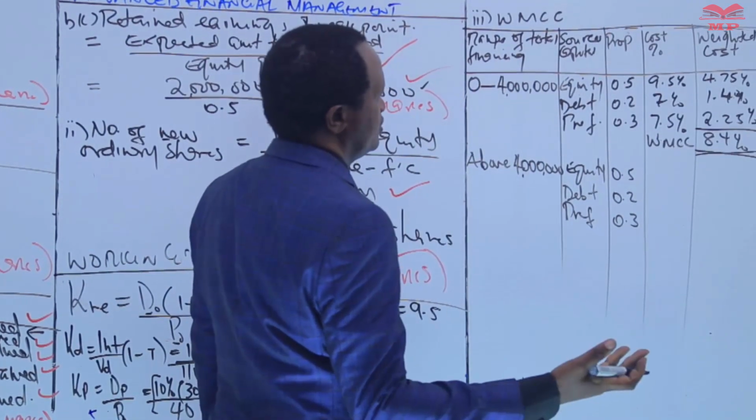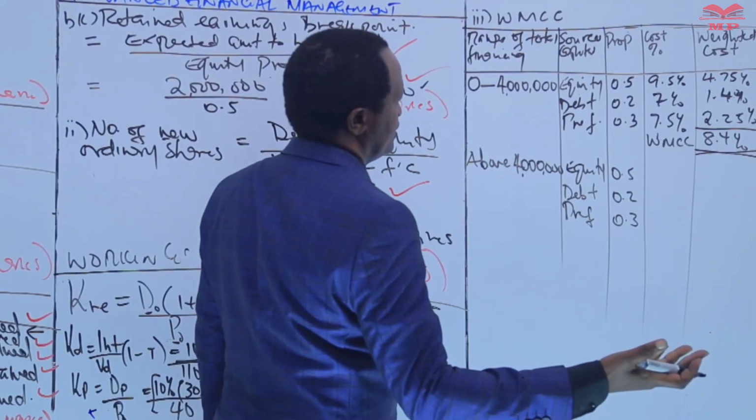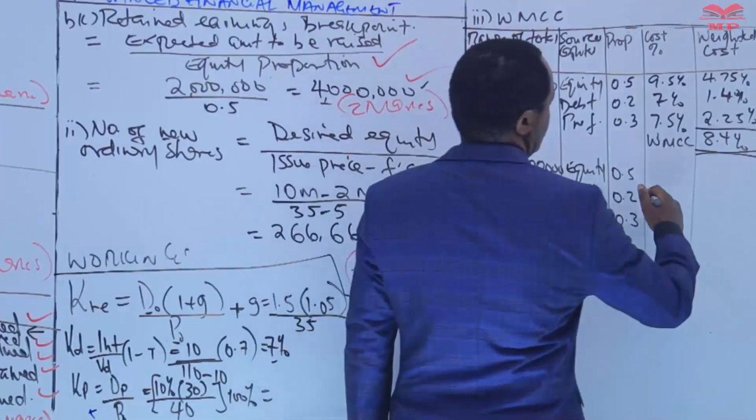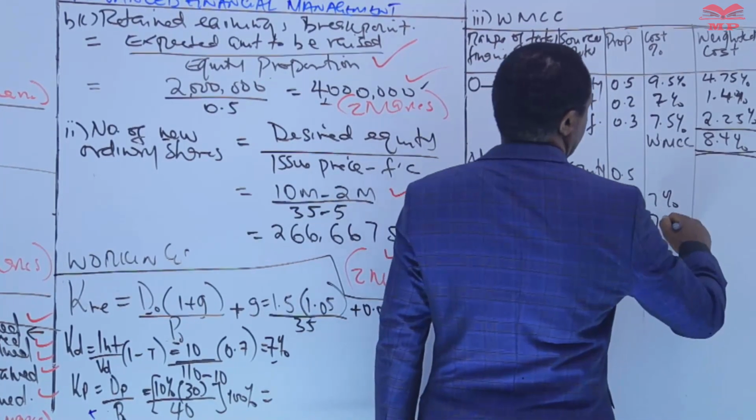We know the cost of debt and cost of preference shares will not change. This will be constant, 7%, 7.5%.